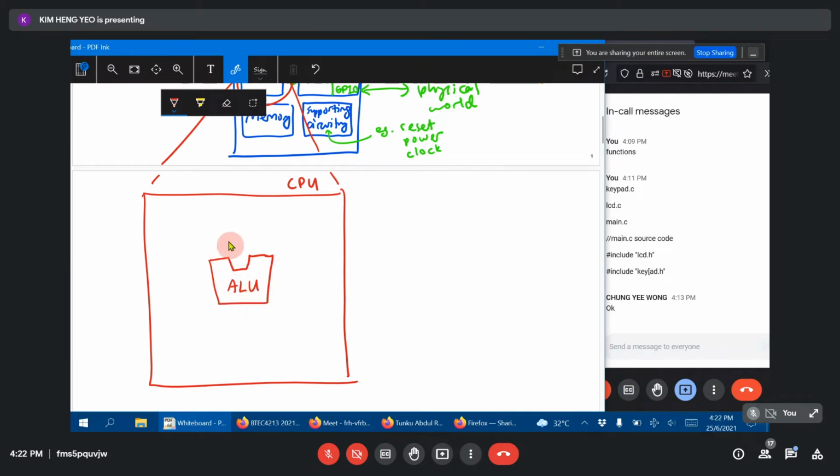This circuit performs all the arithmetic: subtract, multiply, divide, add, and logic. Logic is your AND, OR, NOT, XOR, left shift, right shift, rotate, and move operation. Even the move operation is considered a logic operation. So these are the basic operations that a computer can perform. This is the atomic level of computer operation.